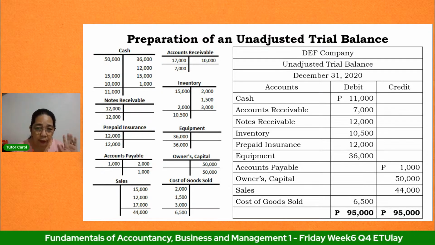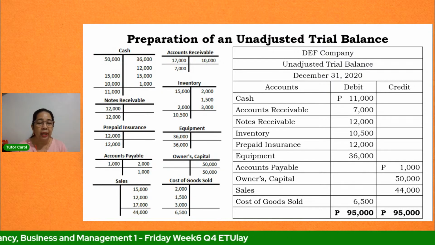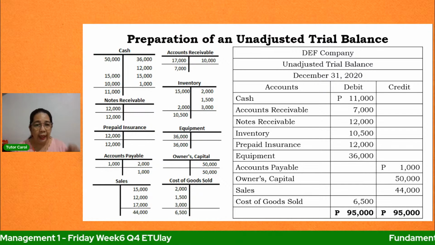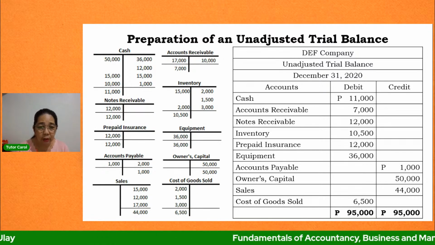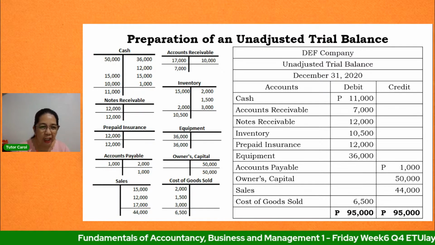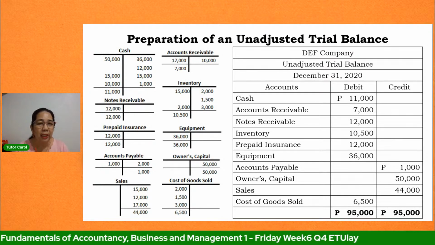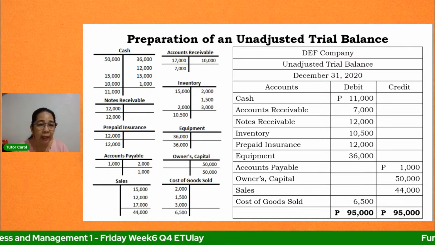From the journal book, ipopost mo ngayon ng laman yan sa ledger. Ito, di ledger ang ginamit ko, but T-account. Pwede rin ito, kasi hindi nakakasya yung mga ledgers natin sa liit ng space natin. Andyan naka-reflect naman lahat.